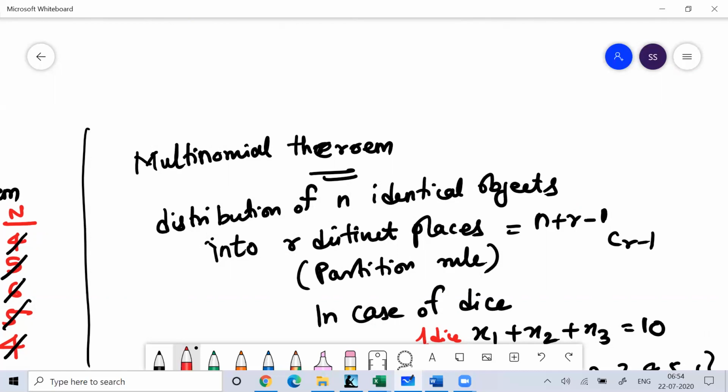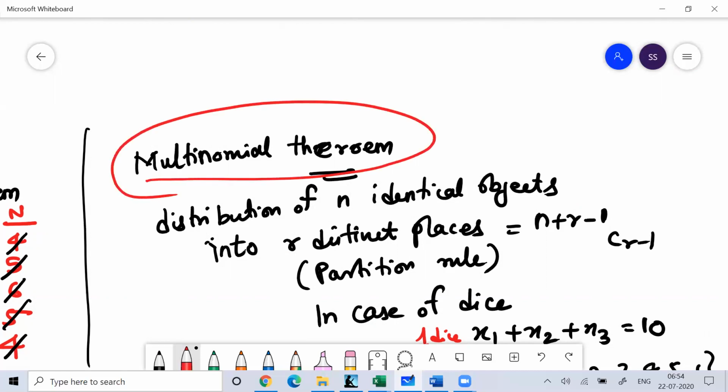So whenever you have confusion, you can apply the multinomial theorem to solve questions on permutation and combination. For that, you develop a basic understanding of the binomial theorem. I think that will serve the objective.